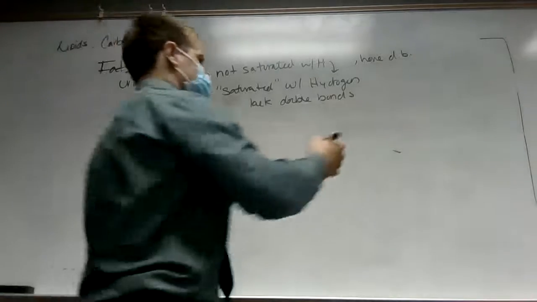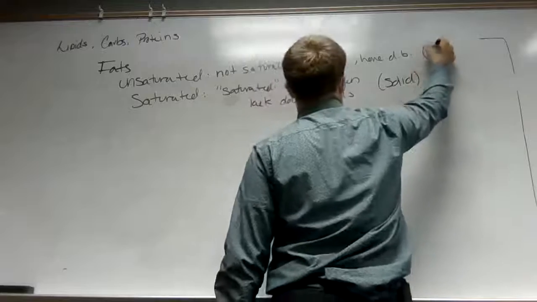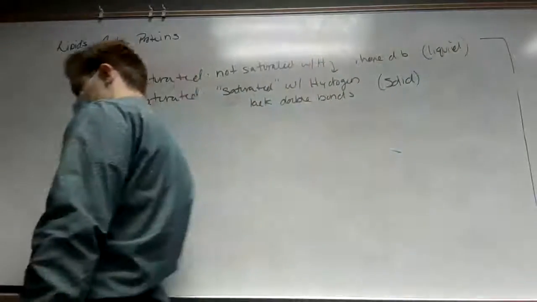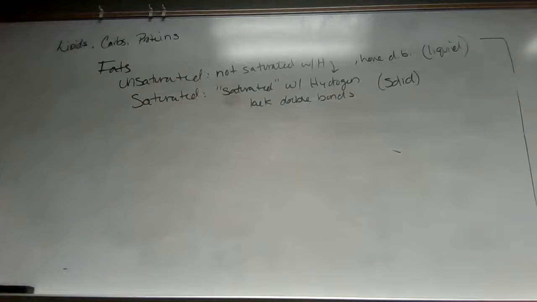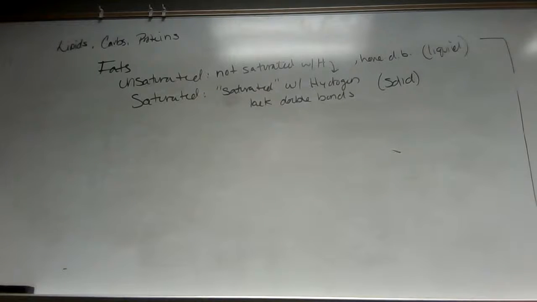Saturated fats are solid at room temperature. Unsaturated fats are liquid at room temperature. So your vegetable oil is an unsaturated fat, but your butter is a saturated fat. Let's talk a little bit about why.